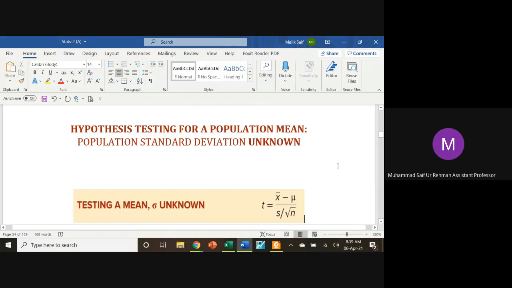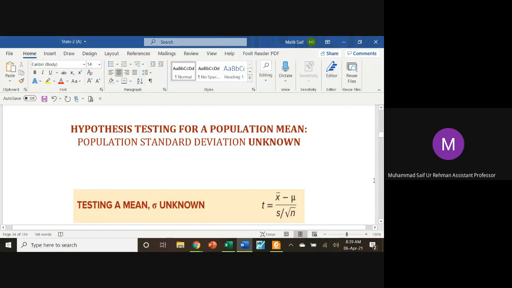So in those situations, we take help of the sample standard deviation that is denoted by S. This is the best estimate for the population standard deviation, so we may use this.